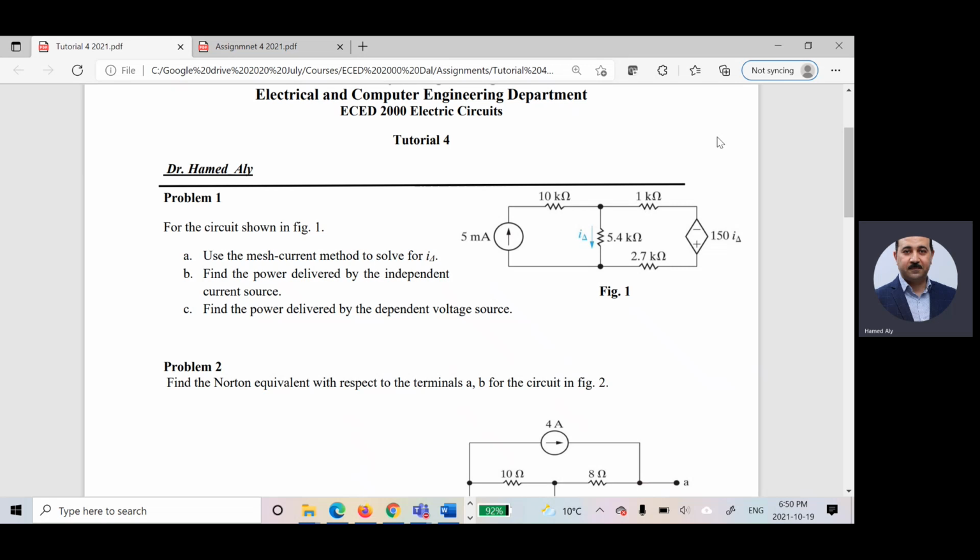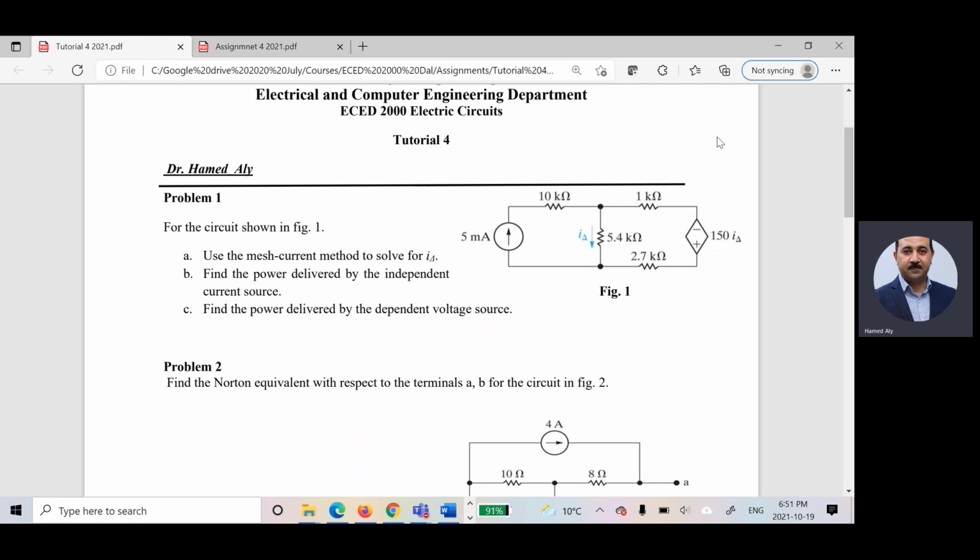The second method is superposition. For superposition, I can use it to find the current or the voltage for any branch by using only one source and removing all other sources. Again, removing a voltage source means substituting it with a short circuit, and removing a current source means substituting it with an open circuit.